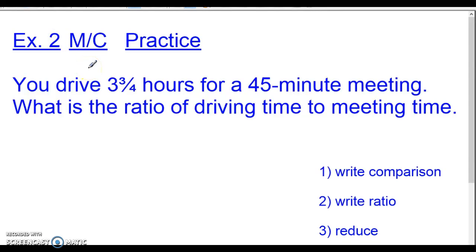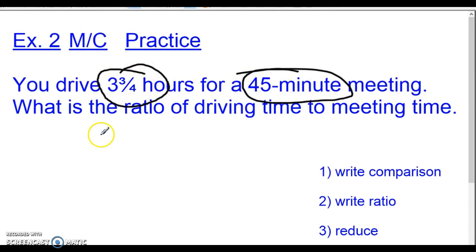Okay, so you drive 3 3/4 hours for a 45-minute meeting. What is the ratio of driving time to meeting time? So here I'm going to have to turn this number, and then I have this number right here. This is already a fraction, but I'm going to turn it into a decimal, so that would be 3.75.